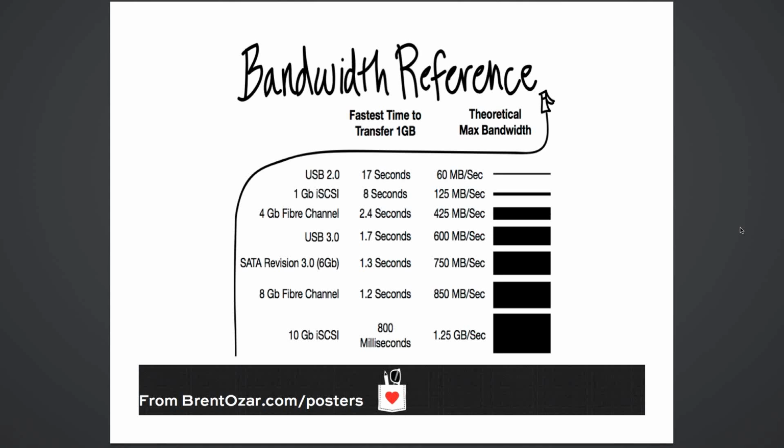See, if you've got 10 gigs worth of data on disk and you need to scan that table, how long does it take to read those 10 gigs? At the bottom of the very fastest one on there, the 10 gig iSCSI, it takes 800 milliseconds to transfer 1 gig. That sounds kind of quick.